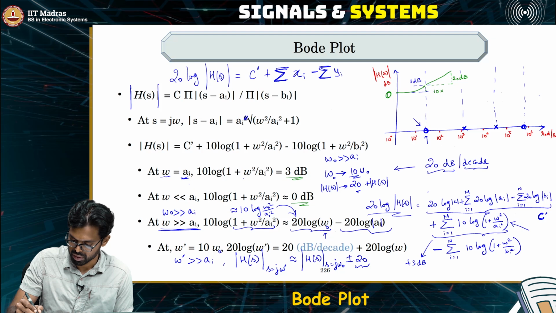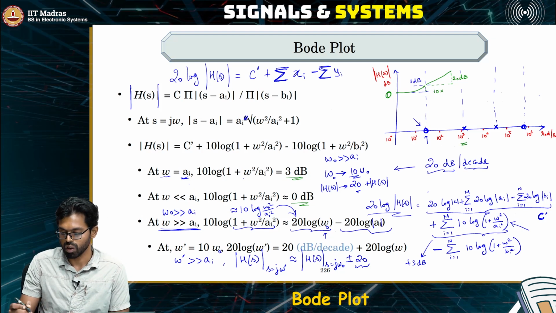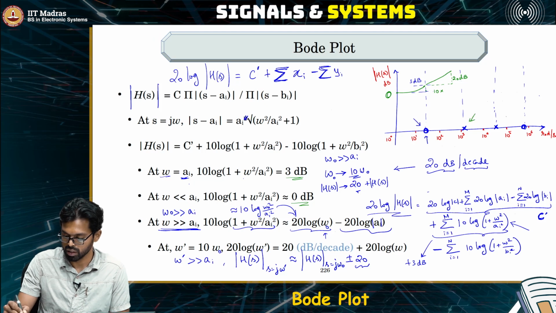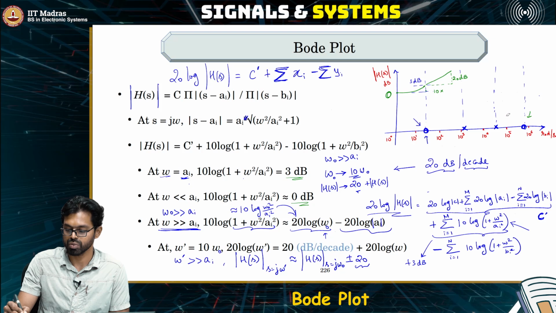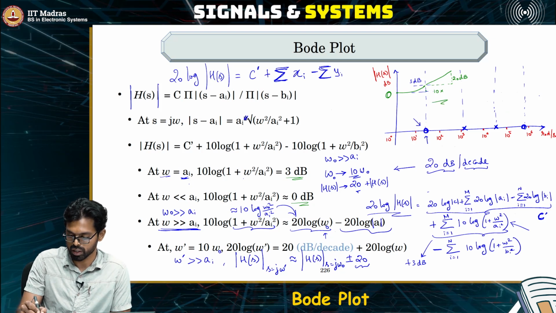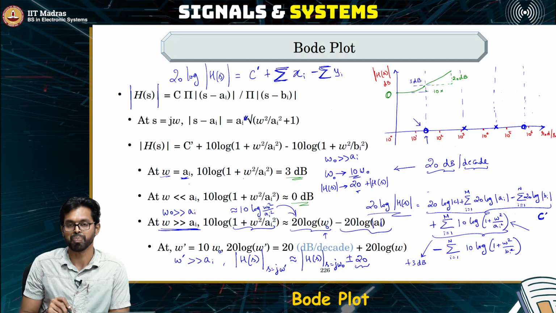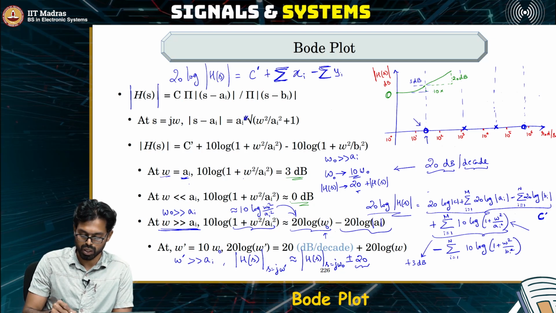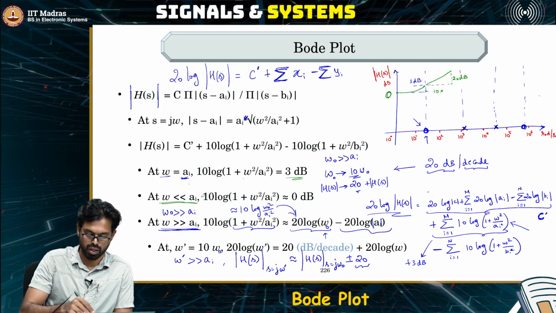So this is how the function increases, and the contribution of the poles that are present here, here and here are still 0 because those frequency values that we have plotted here are still below these poles and the last 0. So their contribution is still 0 dB according to this rule because those frequency values are much smaller.